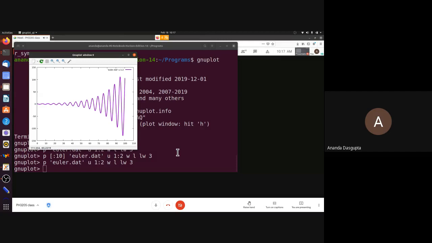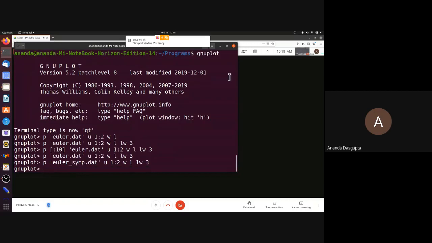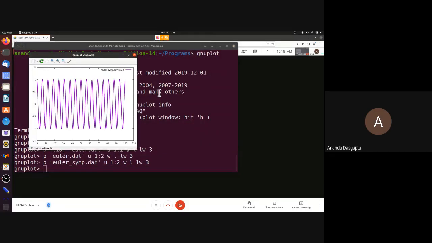But is my other algorithm doing any better? That other code was in Euler_simp.dat, and I'm plotting t versus x here again. And this really seems to be doing much better, right?